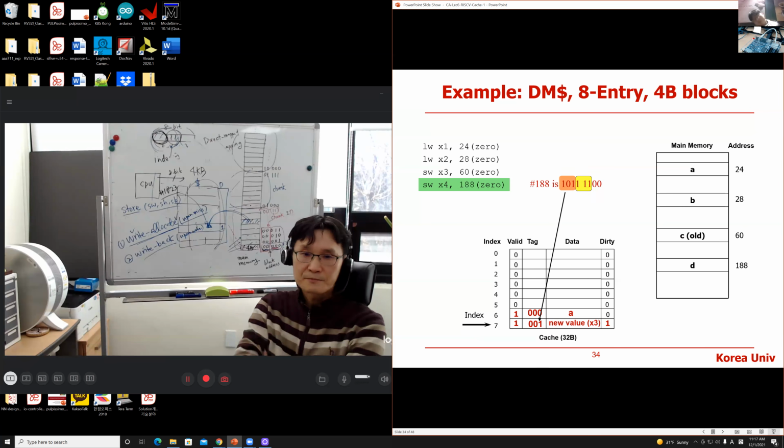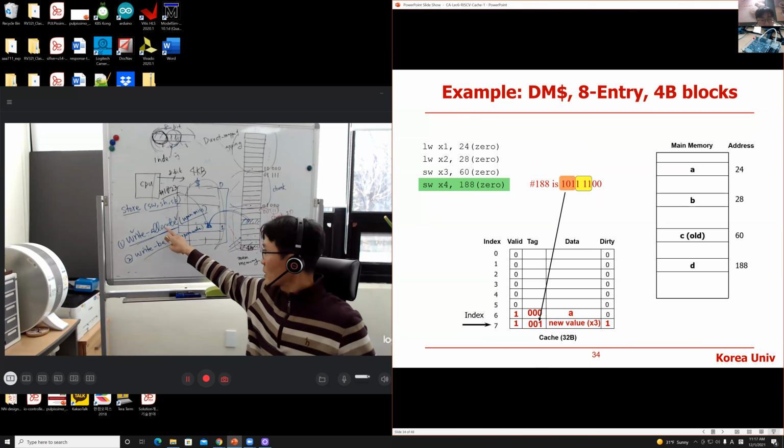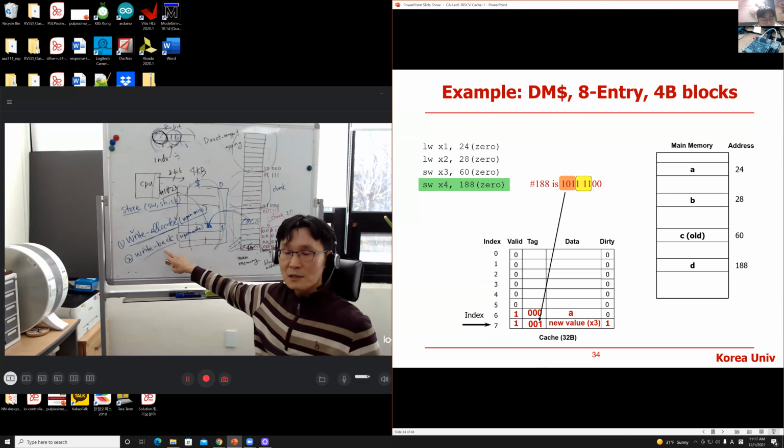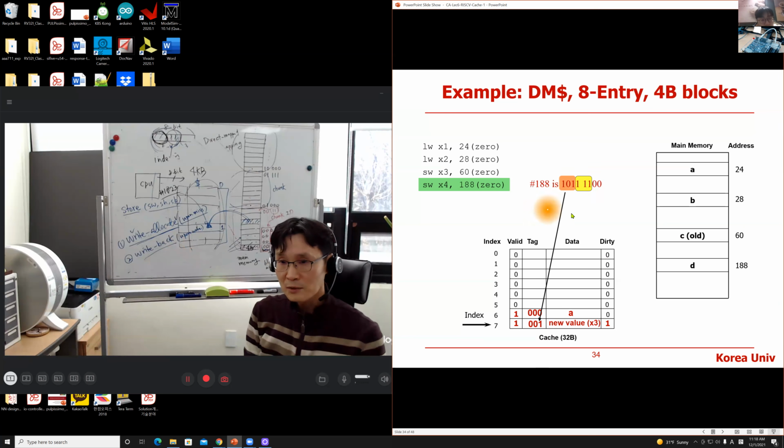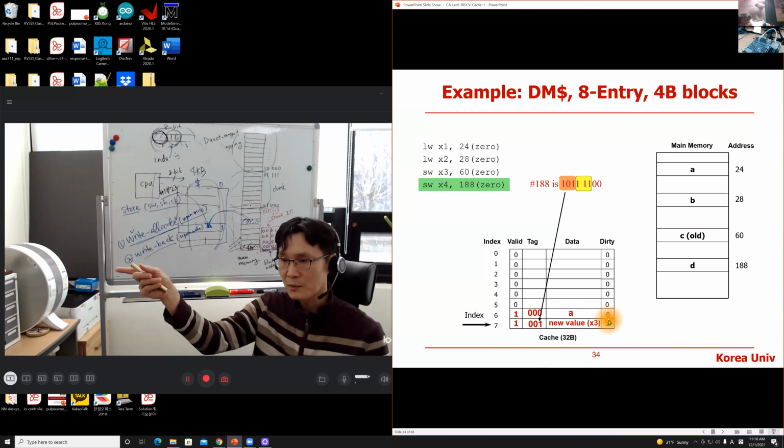So we have a cache miss. Then what should happen? We are talking about the write allocation policy and the write back policy. But you have to use that cache entry, and this one says dirty. This cache line is dirty, meaning you have to update main memory with that data.